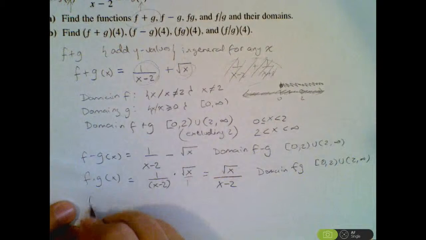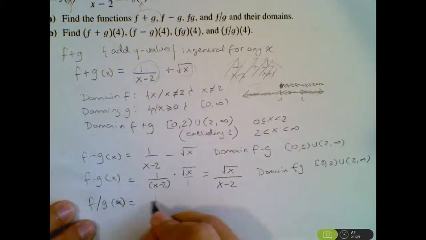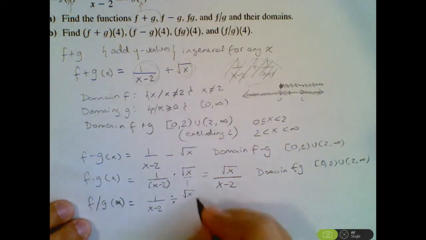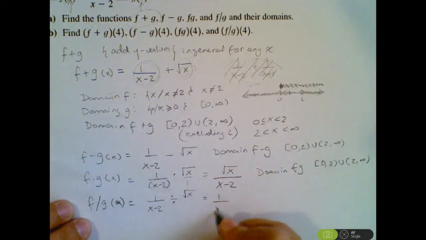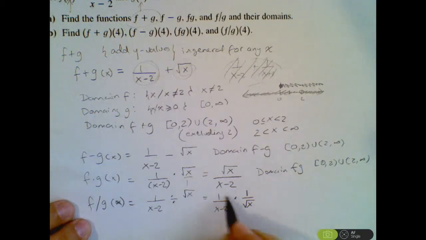And now f divided by g of x, 1 over x minus 2 divided by square root of x. And remember, when I divide, that's the same as multiplying by the reciprocal. I like to write it this way because I know how to multiply fractions very easily. I can just multiply across. When I divide by this and I have a fraction, then it gets a little confusing.